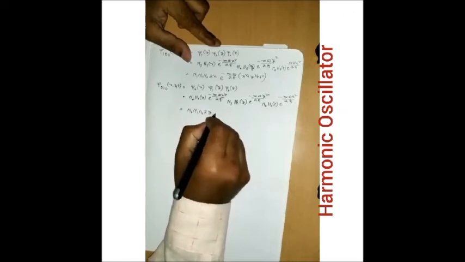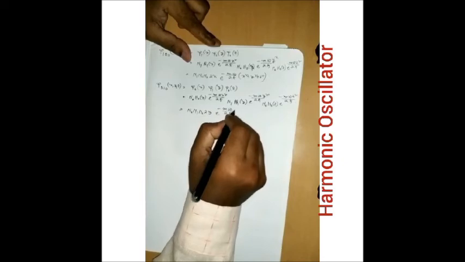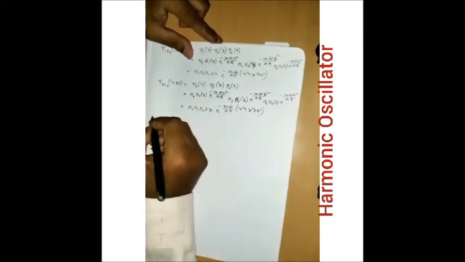So this will be 2y, and the rest e to the power minus m omega upon 2 h cut times x square plus y square plus z square.